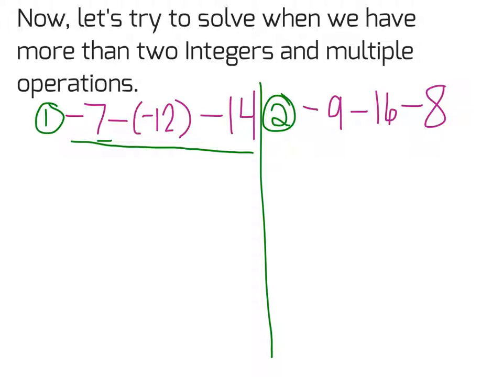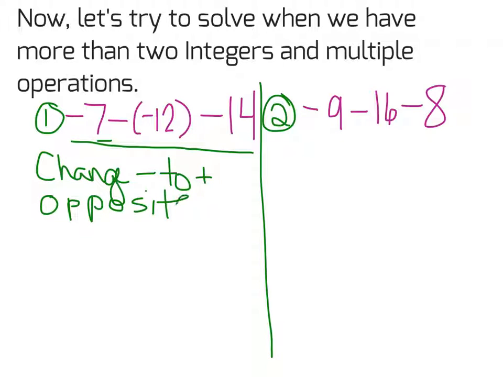So I would change all of my subtraction to addition and change the signs. Okay, so -7 plus 12, see that's a -12, we just made it a positive, plus, this is a +14, but we're taking that positive away and making it -14.